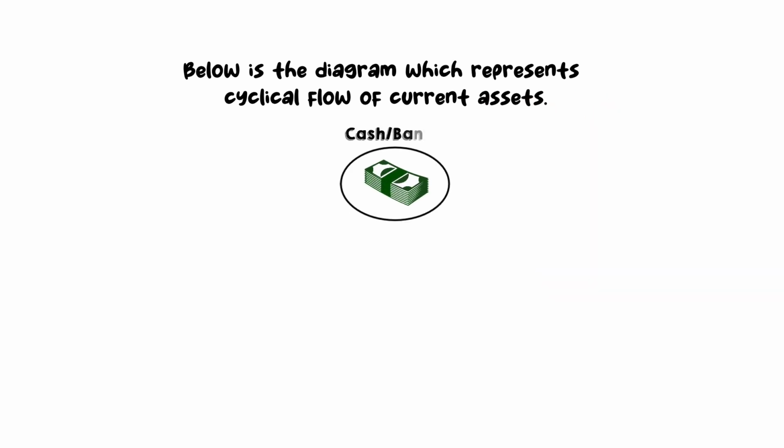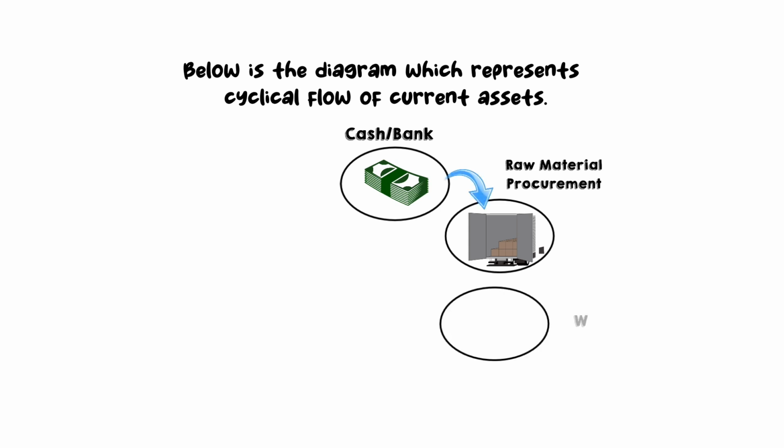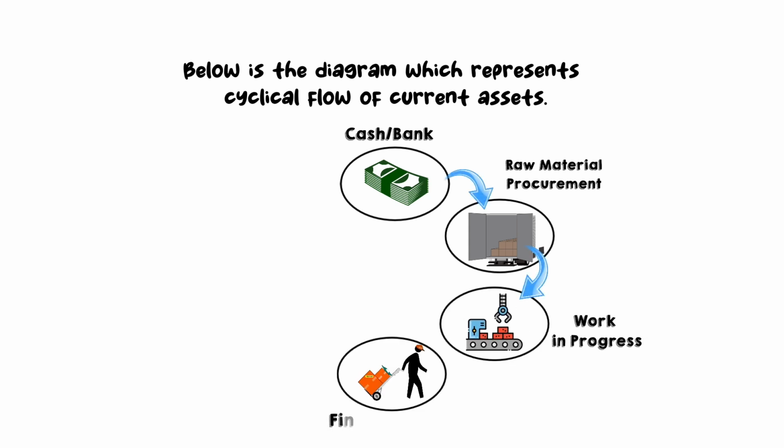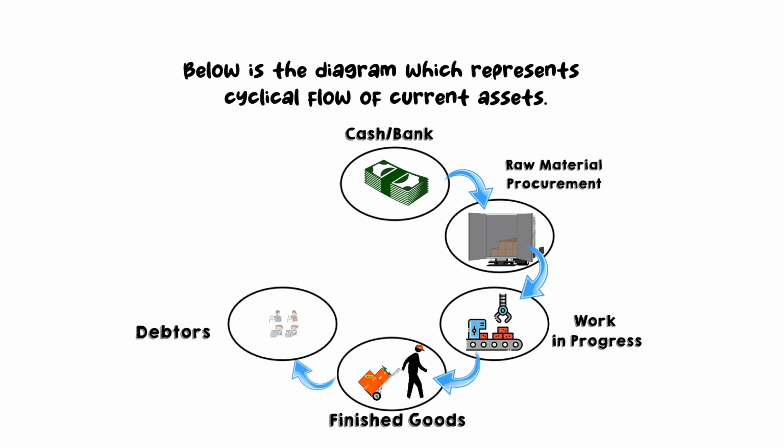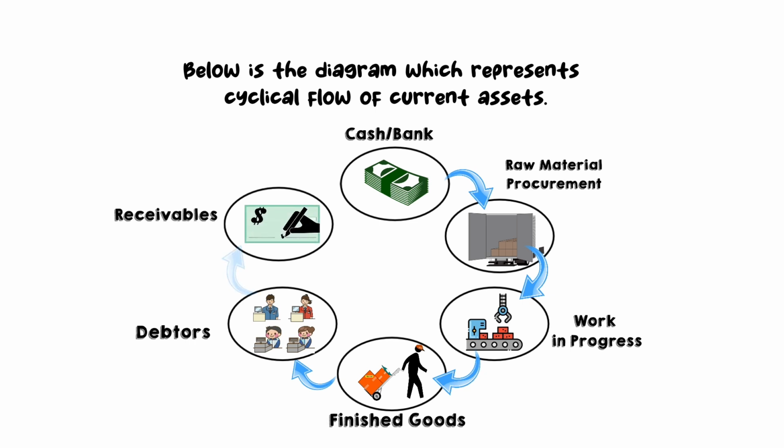Cash in bank account. Raw material procurement by using cash. Work in progress by using raw material. Finished goods after completing the production process. Sales of finished goods to debtors on credit or cash. Receivables after payment received from debtors. Cash in bank account.